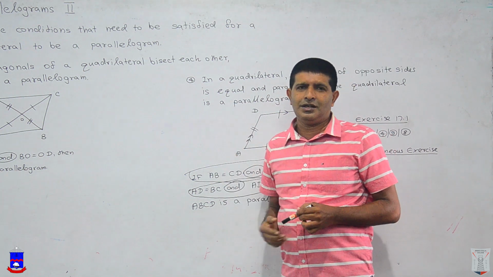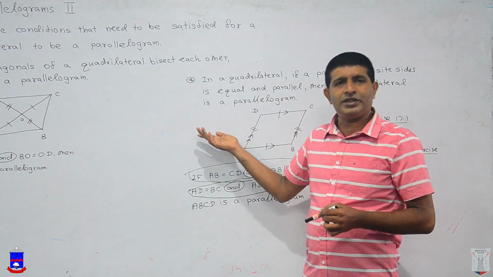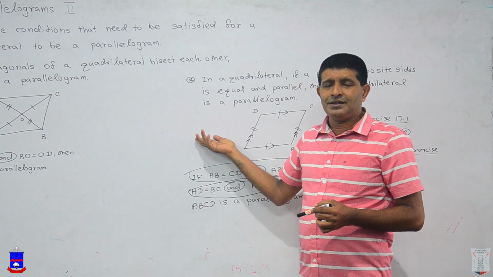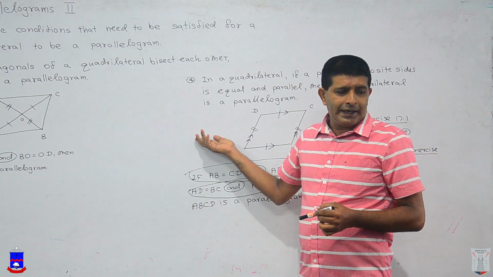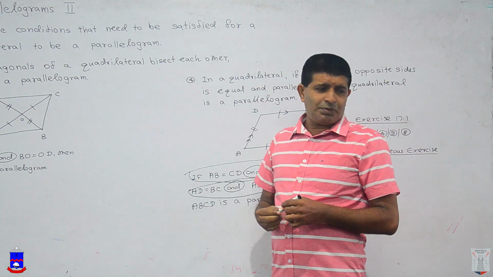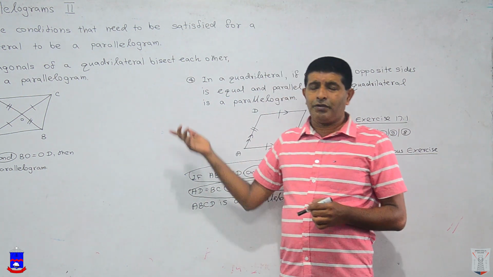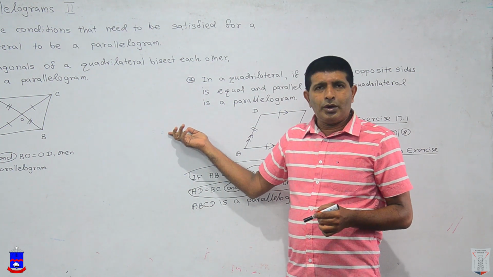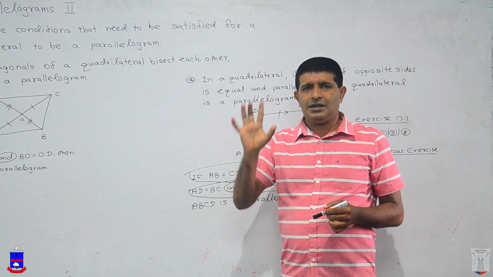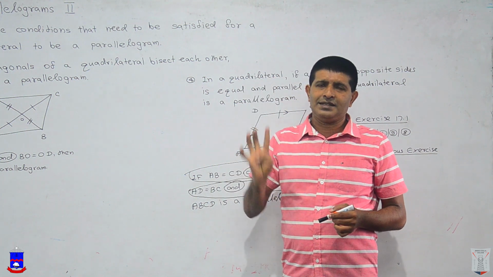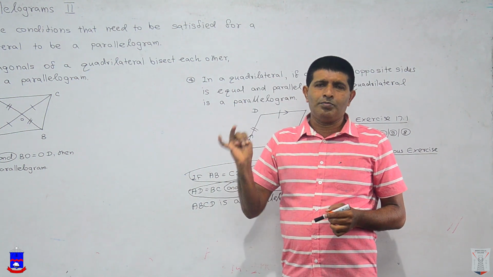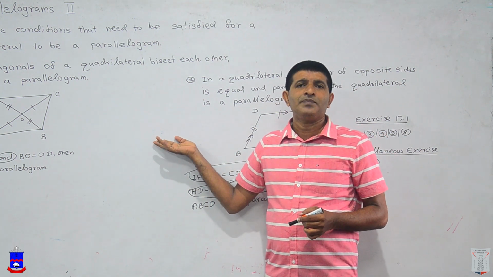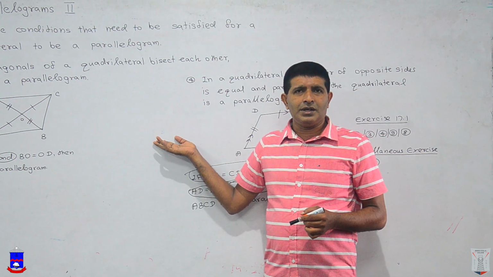After these four conditions, these four theorems, we are ending this Parallelograms 2 lesson, and four special quadrilaterals. For special quadrilaterals, we want to know about them. The first one is the square, and the next ones are the rectangle and rhombus. Details of those three special quadrilaterals are given in your textbook.